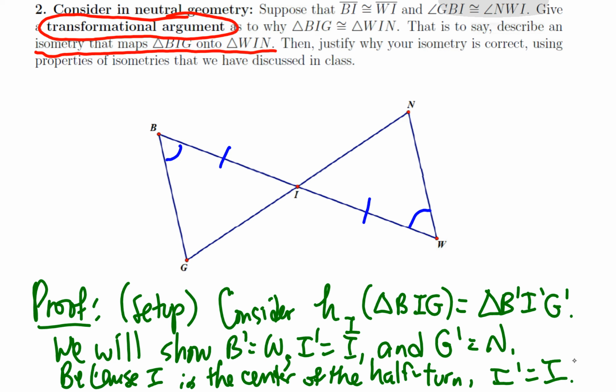So then what happens? Well, on a half turn, opposite rays end up on opposite rays. So this point B ends up on ray IW. It ends up somewhere on ray IW.